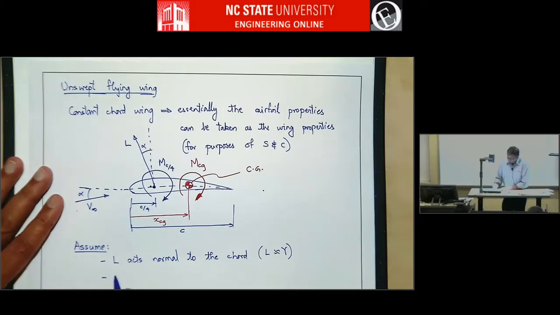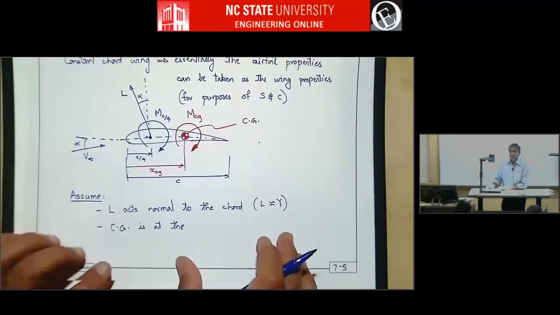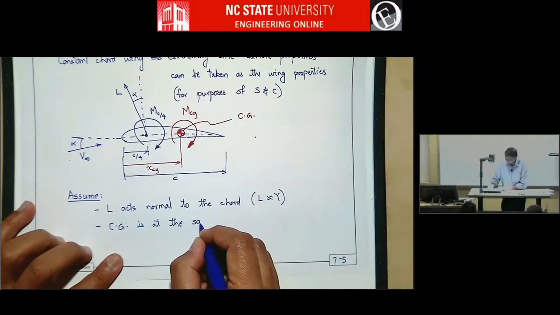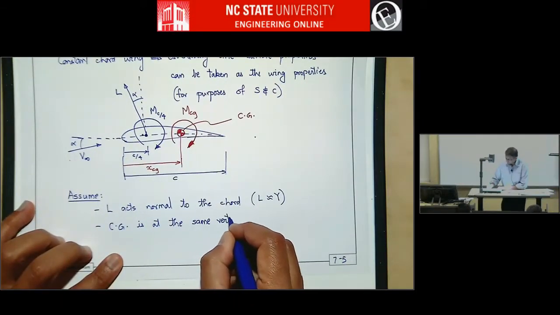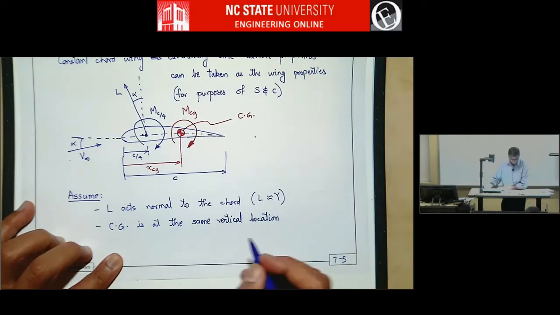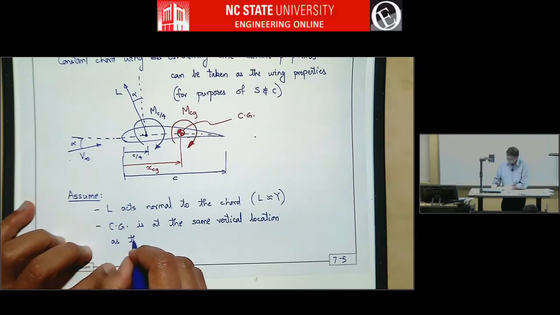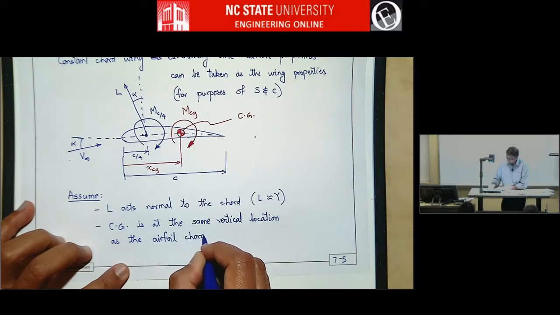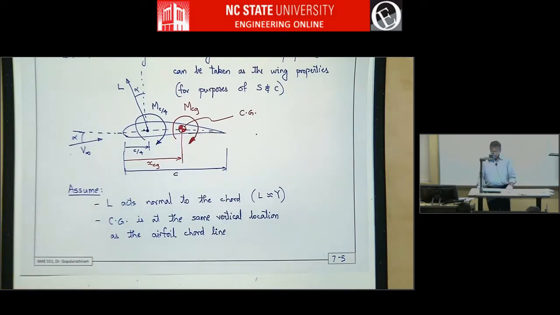The other assumption is that CG is at the same vertical location as the airfoil chord line. For an aircraft like the Helios, this is pretty much going to be satisfied.